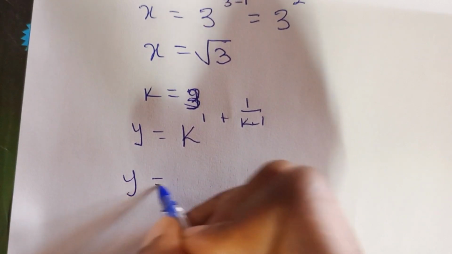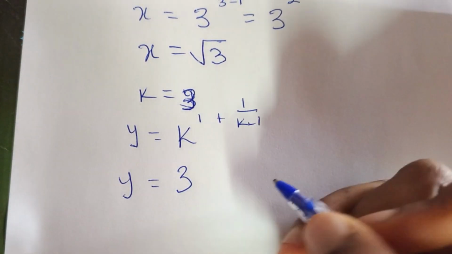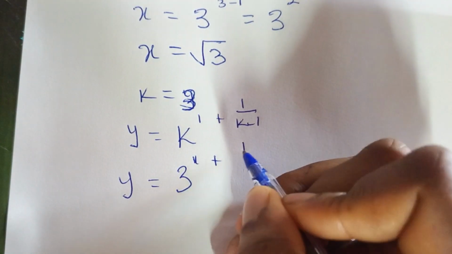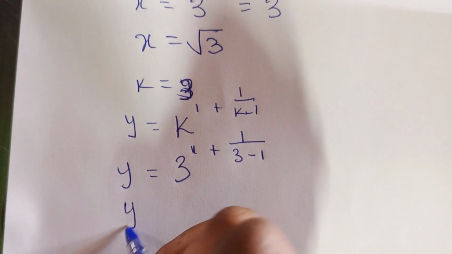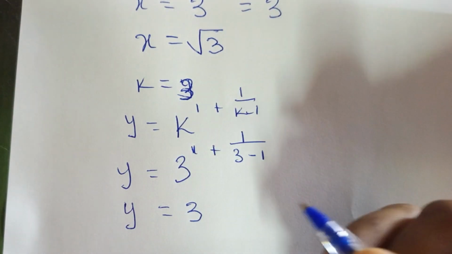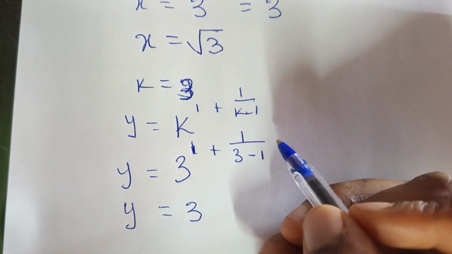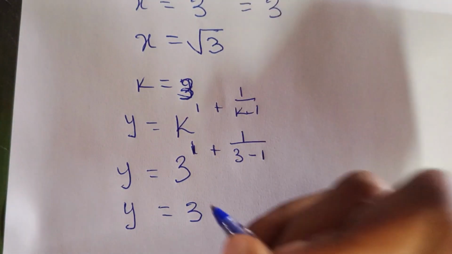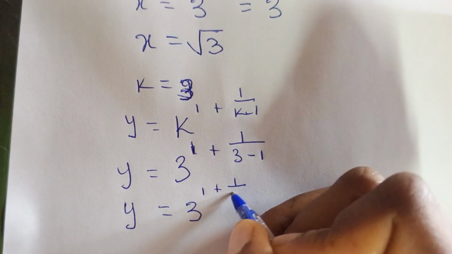So we have y equals 3 raised to the power of 1 plus 1 all over 3 minus 1. So we'll have 1 plus 1 all over 2.